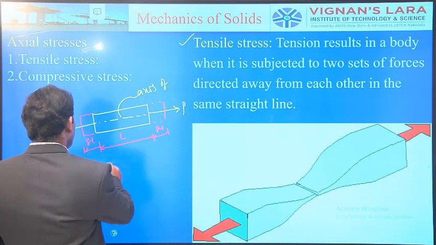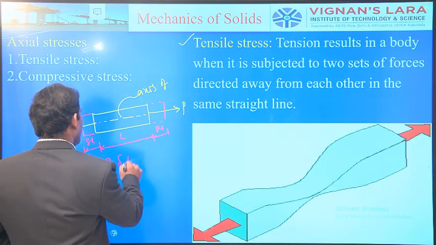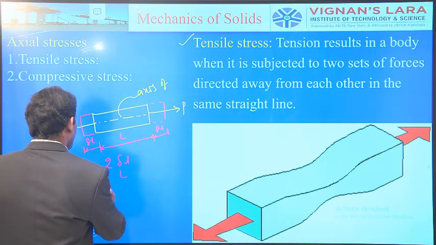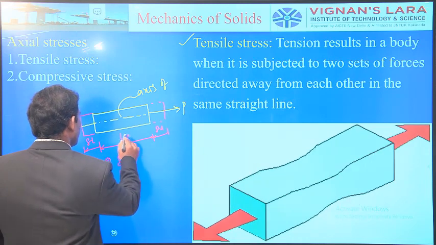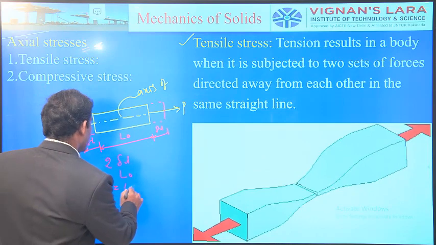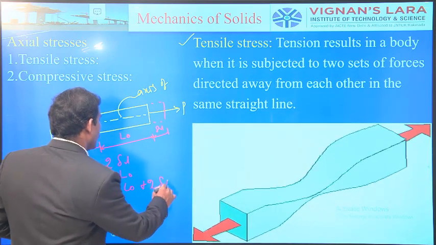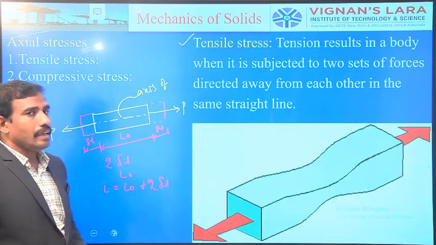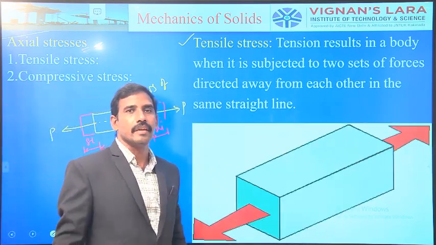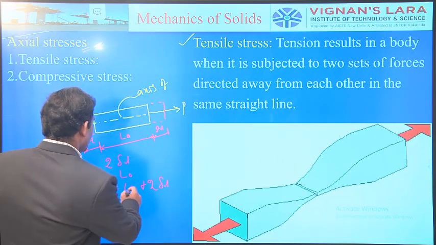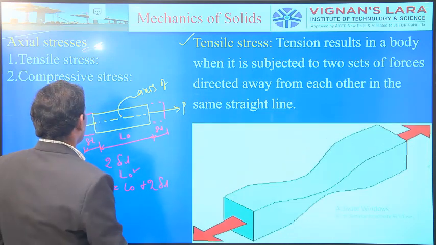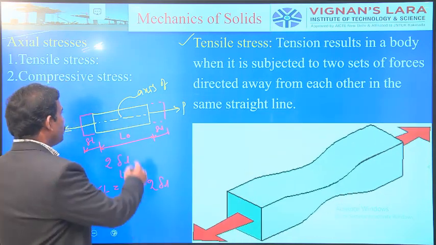The total change in length is simply 2 delta L. The final length of the beam is L equal to the initial length L0 plus 2 delta L. Here 2 delta L is the change in length due to the applied force, which is called strain. What about the strain? Simply that is the strain.